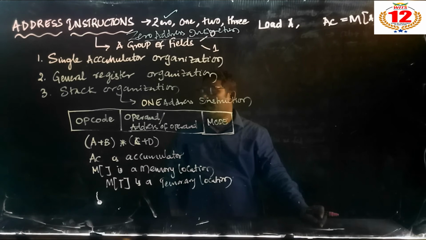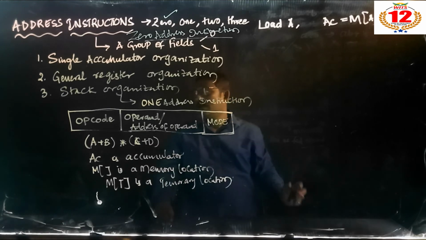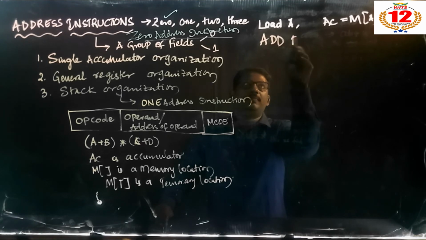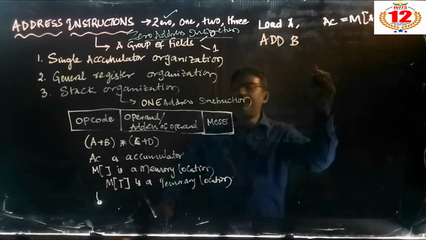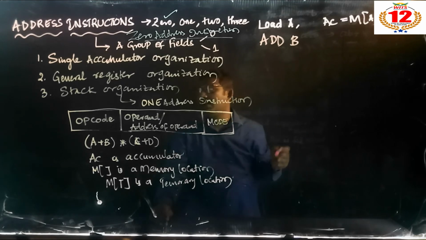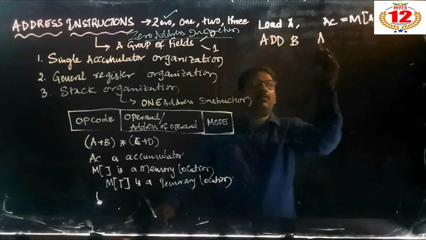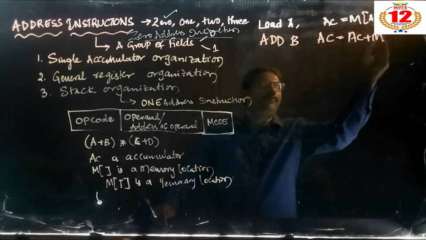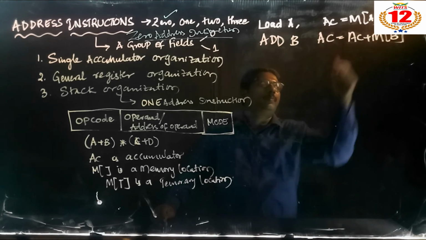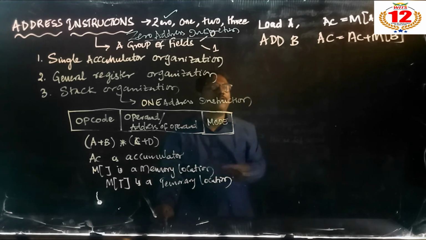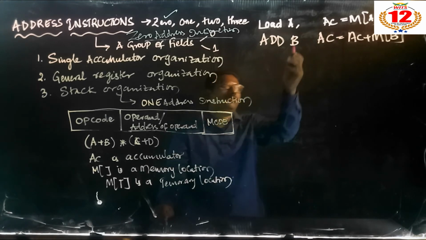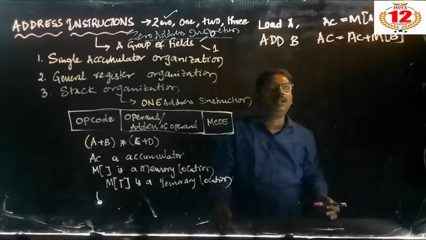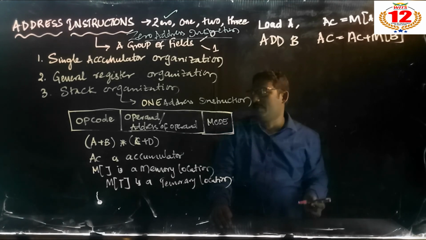Then after load A, the next is add B. Add B means we are going to add here that AC equal to AC plus M of B. So load A, we are loading AC, that is M of A. Then add B, AC equal to AC plus M of B.